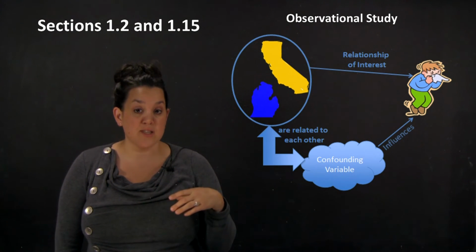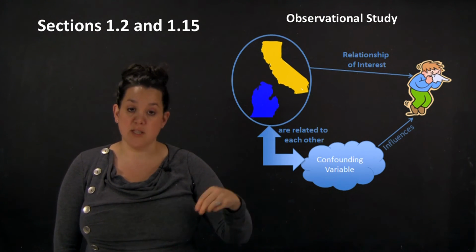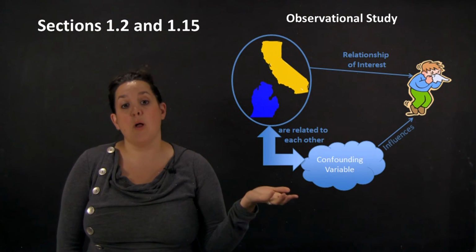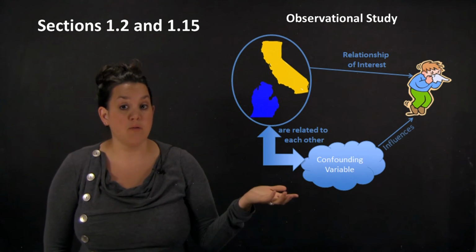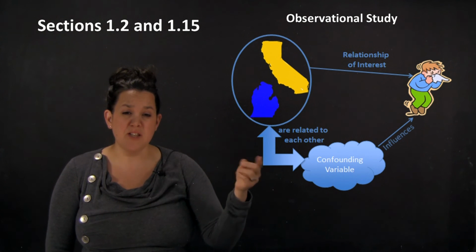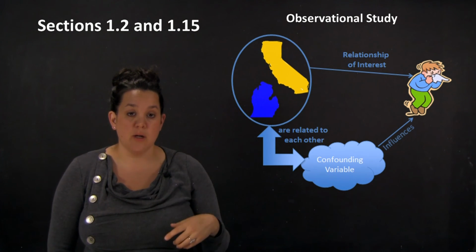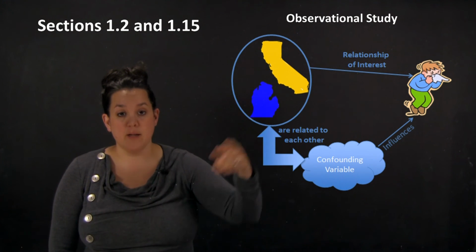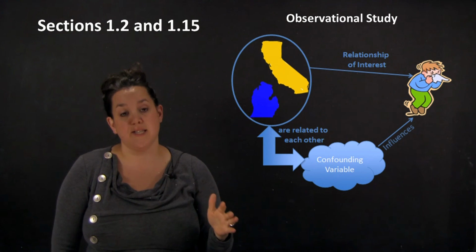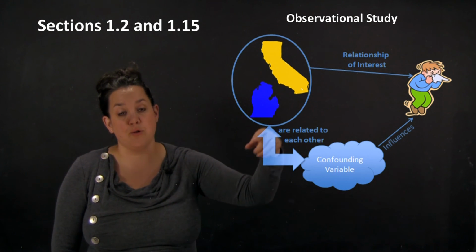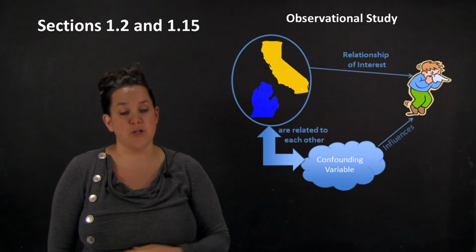So in observational studies, because you don't assign people to different states, you quite often will have issues with confounding variables because differences happen between those states that aren't just the state itself. So there's differences between the groups besides just the state or location that you live in.